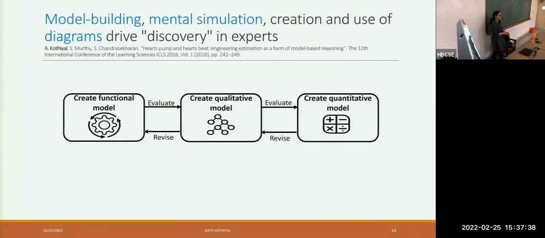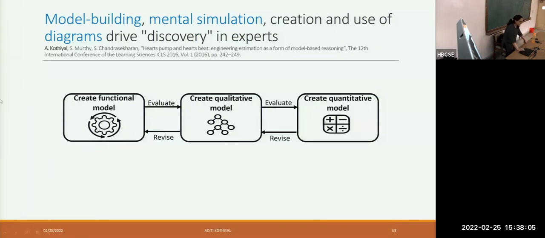What we found was that model building and mental simulation were the drivers of discovery, not any big discovery, but small discoveries in this problem solving, and also that experts created and used a lot of diagrams in their approach.